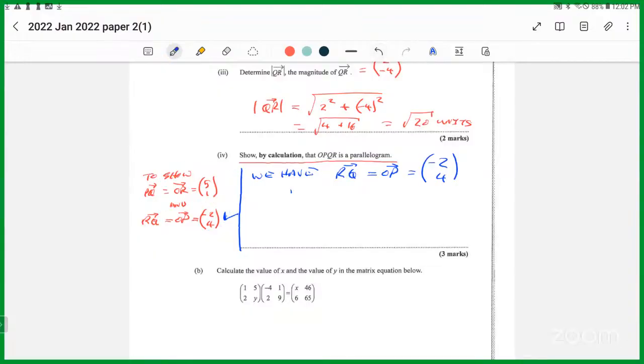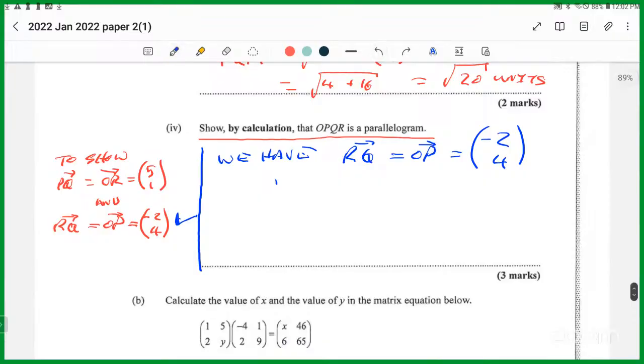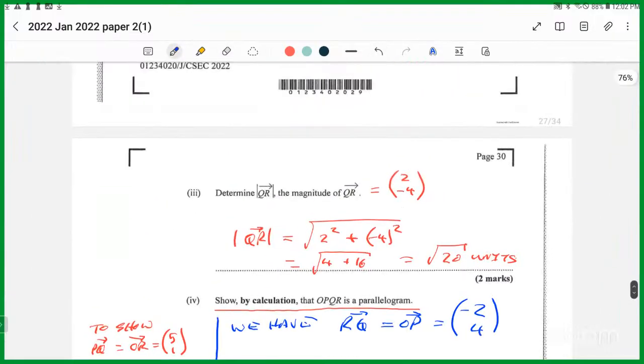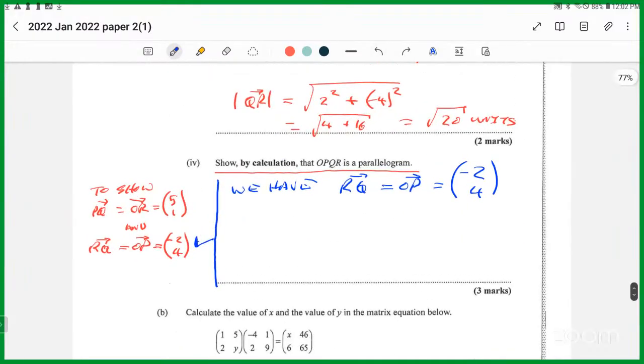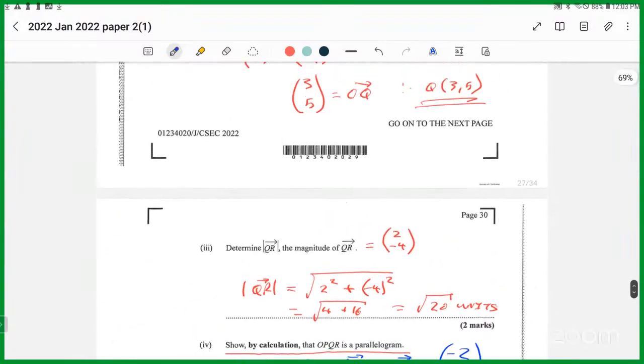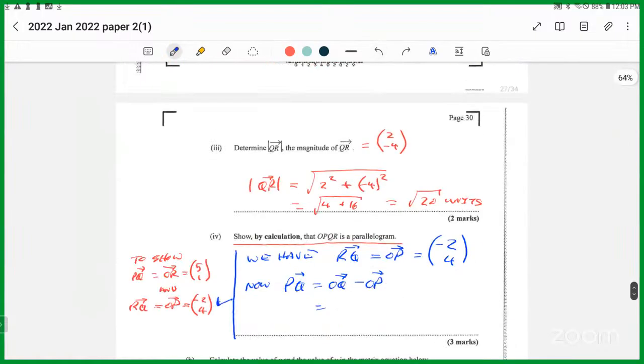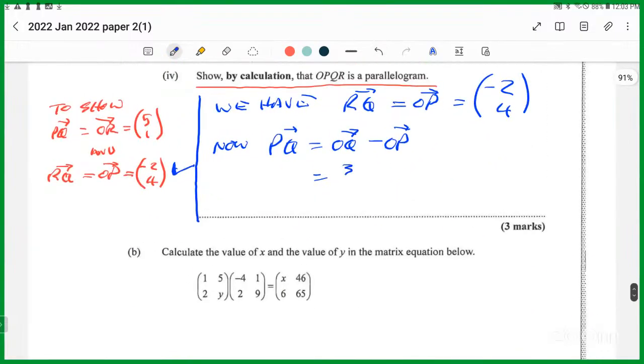To work out this one, because I already know the OR from up here, from the first question, I just need to work out what the PQ is. So the PQ is OQ minus OP. That's O times the last minus O times the first. The OQ is 3, 5 because the coordinates of the point Q is 3, 5. So OQ is 3, 5, minus OP, which is negative 2, 4.